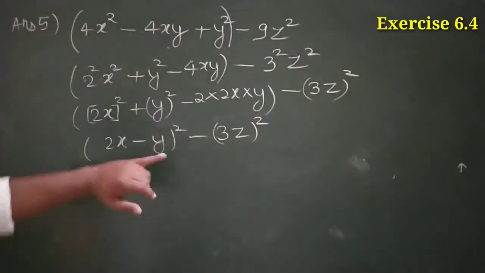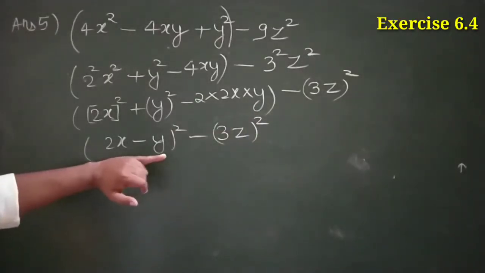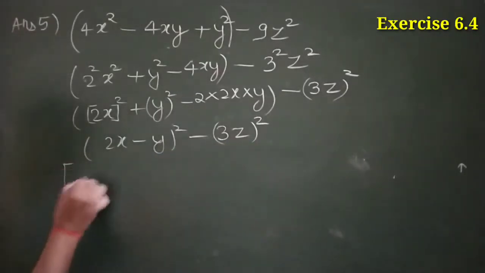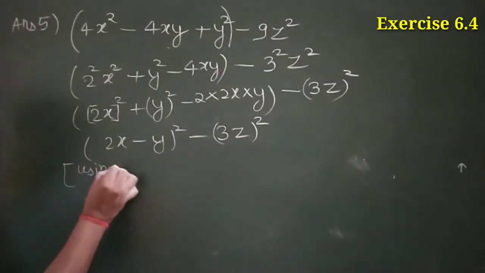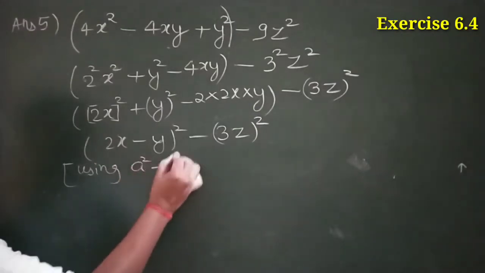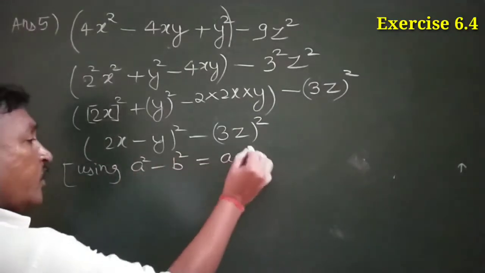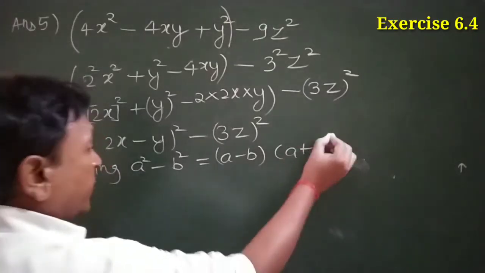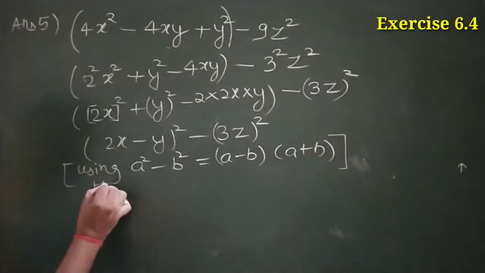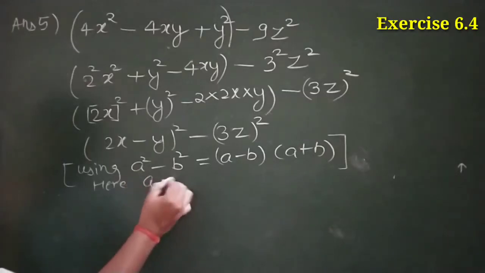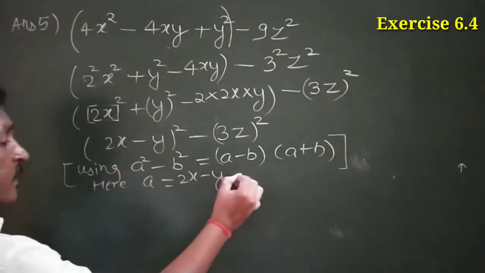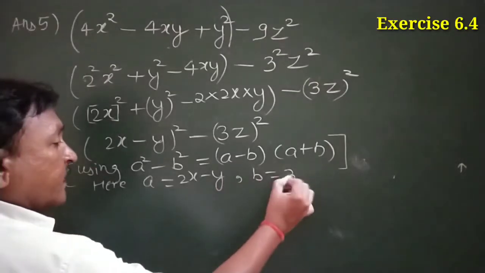Okay, now see, it is converted into the form a square minus b square. Here we can use the identity: a square minus b square is equal to (a minus b)(a plus b). In this question, in place of a we have the whole thing, 2x minus y. In place of b it is written 3z.